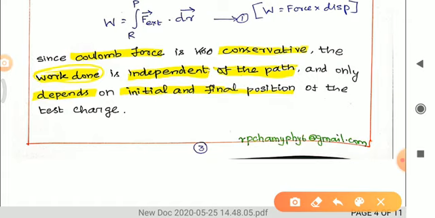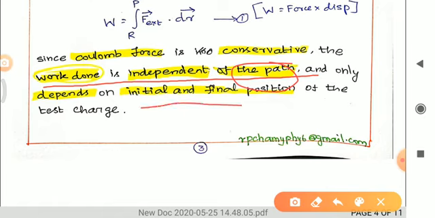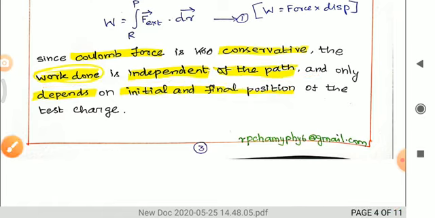That's why I wrote here the conservative force: its work done is independent of the path. Path is the distance traveled by the particle, but the work depends only on the initial and final positions, as we have already discussed clearly.